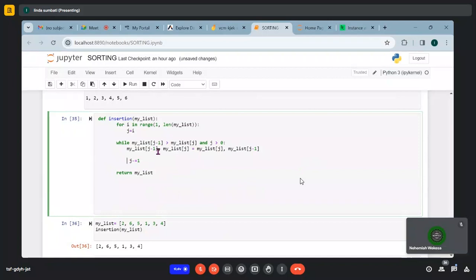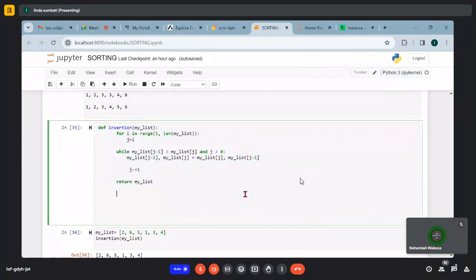Is anyone seeing any problem? ChatGPT says our while is not properly indented, I think the one that is inside the for loop.